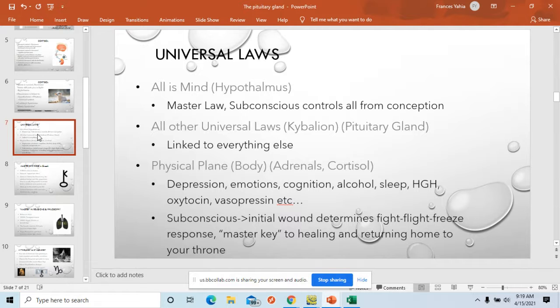And from a subconscious perspective, the subconscious controls everything from the moment of conception, according to my philosophy. All other laws of the Kybalion or the Hermetic philosophy are actually part of all is mind. So the law of karma or cause and effect, law of correspondence, law of gender, which I broke down previously into the different chakras or the unmet needs, are all built into the all is mind concept.